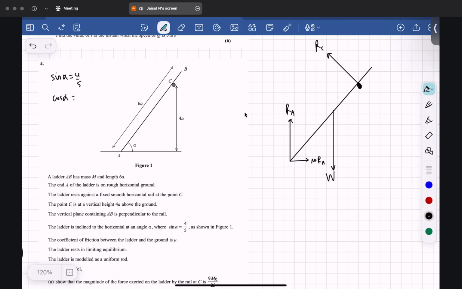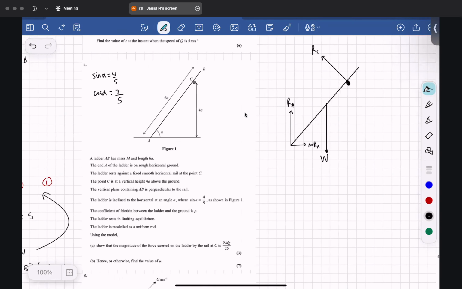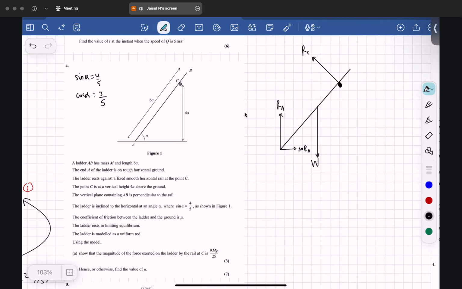When I do the cos of that, I get 3 over 5. And that's going to help me later when I'm doing different components of different forces. Treat the question as a 10 marker, not as a 3 marker, because we need the diagram in general.